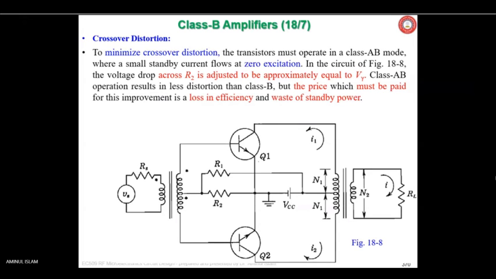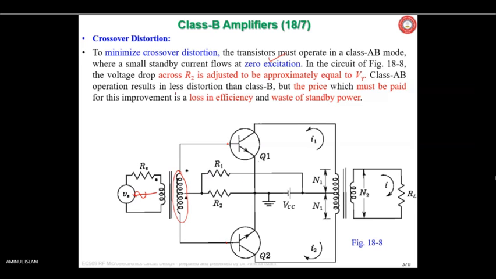Excitation means your Vs is 0, where Vs has a sinusoidal form. For example, at 0, Vs equals 0. Here also excitation in the secondary is 0. No base voltage is arriving here, positive or negative, but you have biased in such a way that the base voltage is greater than cut-in voltage.